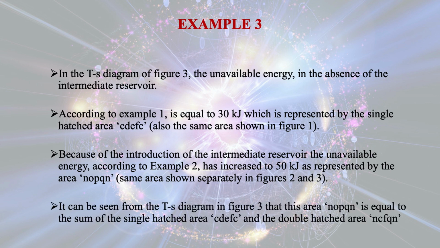It can be seen from the TS diagram in figure 3 that this area NOPQN is equal to the sum of the single hatched area CDEFC and the double hatched area NCFQN in figure 3.